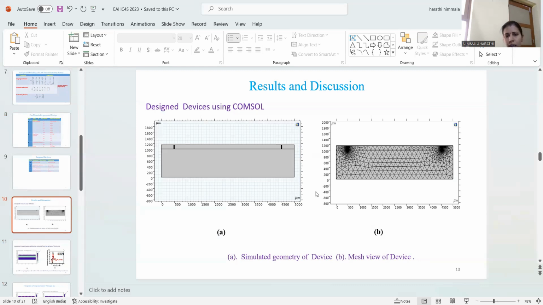This sensor is studied in the presence of ammonia gas and also without the ammonia gas. Now, without the presence of ammonia gas, the designed sensor will produce some deflection with respect to its operating frequency.